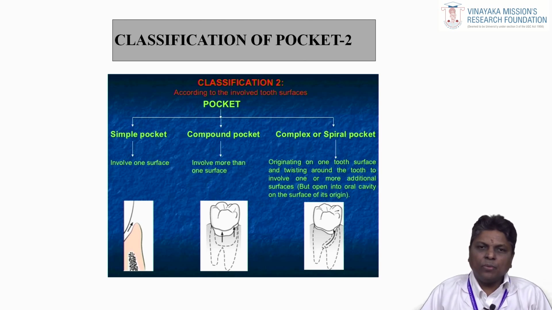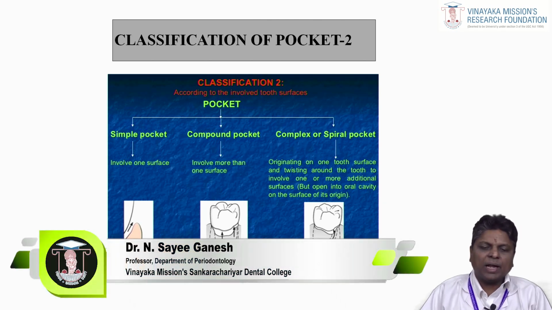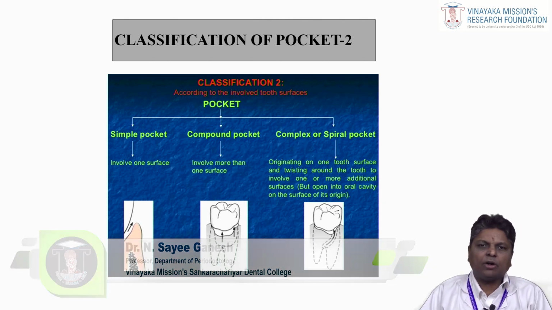A compound pocket means more than one, 1 plus 1. It may be the buccal wall and also the mesial wall, or the buccal, mesial and lingual walls. Like that, more than one is called compound.